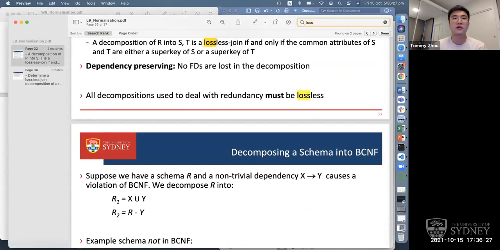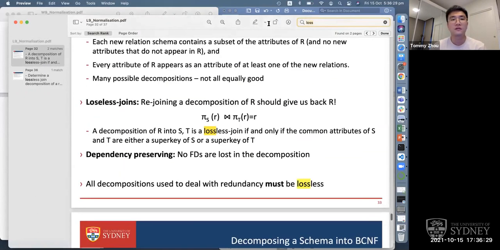So, lossless join. A conclusion that can be derived from the definition in here is that a decomposition of R into S and T is a lossless join if and only if the common attributes of S and T are either a superkey of S or a superkey of T. Makes sense?